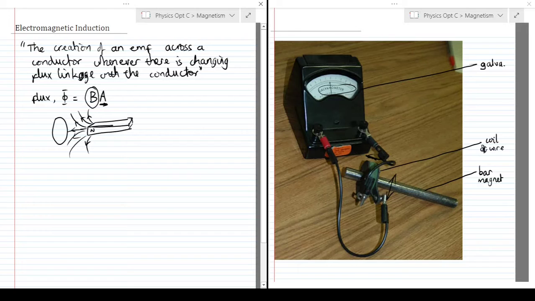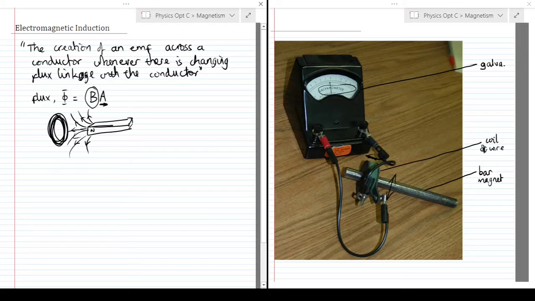So closer to the magnet, you have greater magnetic flux density than further away. If this is your coil and you move the magnet towards it, so that this north pole is approaching the coil, the field lines are closer together near the north pole, so you have greater magnetic flux density closer to the coil.